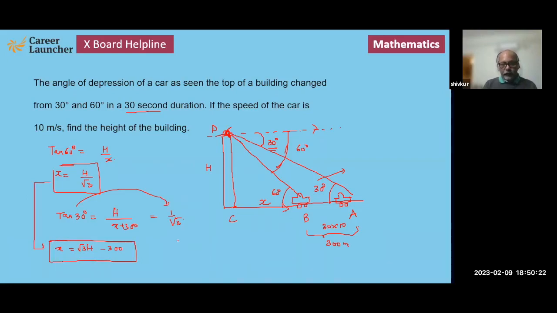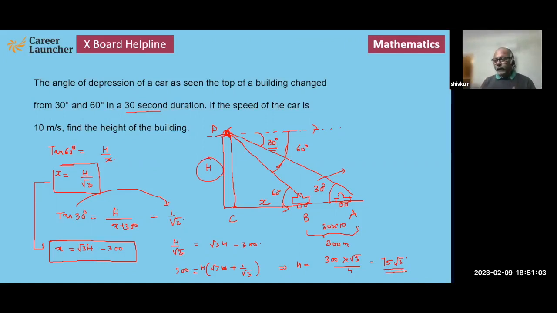So you say that h by root 3 is equal to root 3h minus 300. Or 300 is equal to root 3h minus h by root 3. Let's take h common. So the value of h will be equal to 300 into root 3 by 4, which is equal to 75 root 3. So the height of this tower is equal to 75 root 3.